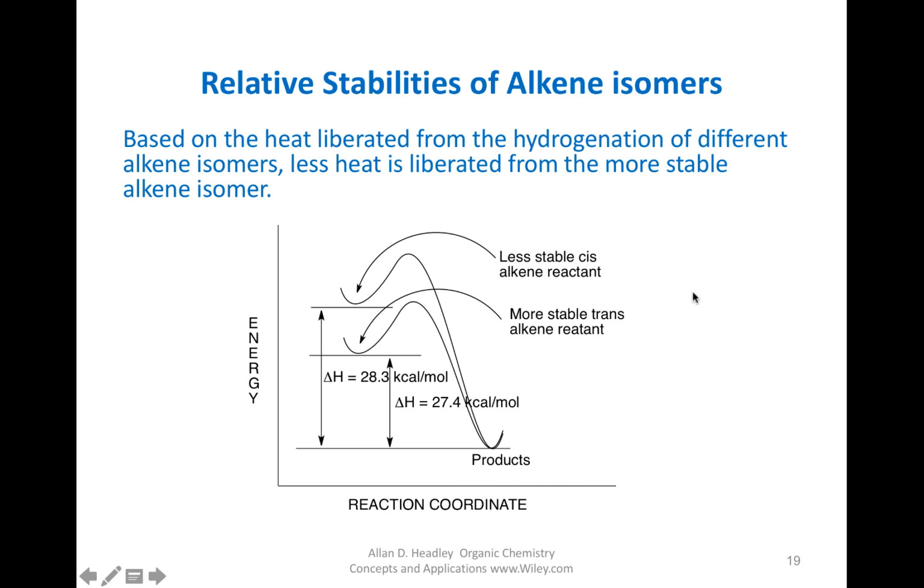So, using the same energy profile approach, we can see that this alkene reactant is less stable, and that's the cis, and this alkene here is more stable because it gives off less heat, and that's the trans. Conclusion, the trans alkene is more stable than the cis alkene.